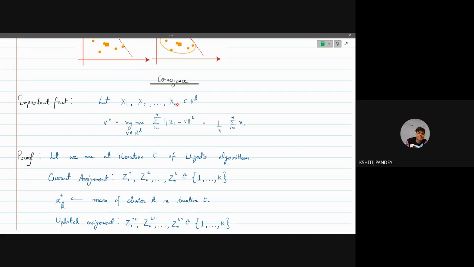The value of v that minimizes the function, summation i from 1 to n of the norm squared of the distance between point xi and some vector v, is nothing but the mean of the data points. You can check that: you just have to differentiate it with respect to v, equate it to 0, and you'll get the value of v. Is this fact clear to you all?